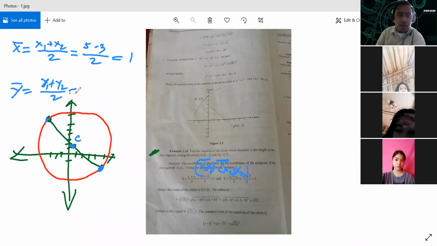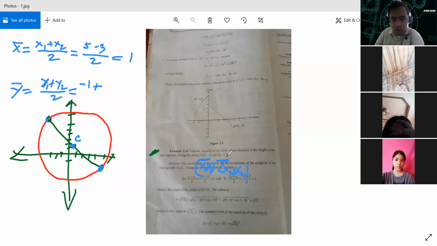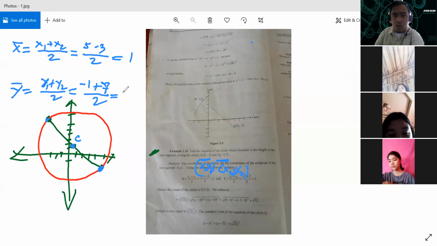For the ordinate, your y sub 1 is -1 plus your y sub 2 is 7, so that is 6 over 2, and that will be 3. So it means this point here is the point (1, 3).